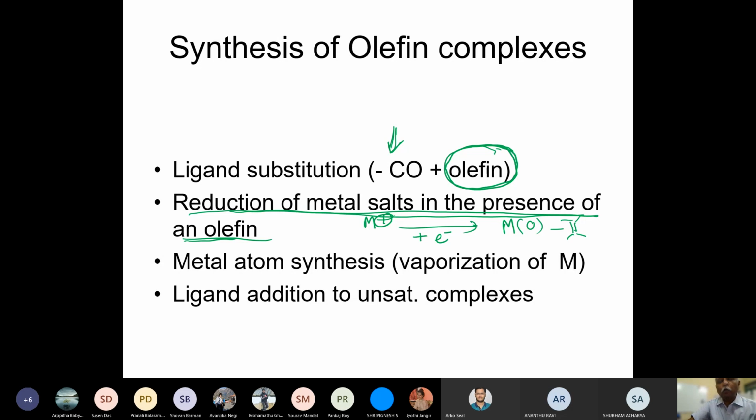Remember, when we talk about this back bonding or this metal to ligand pi interaction, this is going to be better if you have a group on the opposite side, like a halogen, which will push electron density into the metal orbitals. And then this metal will push it back into the ligand pi star orbitals.